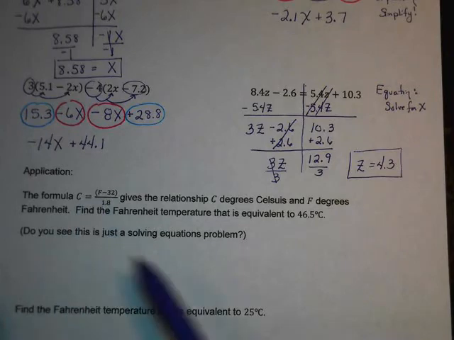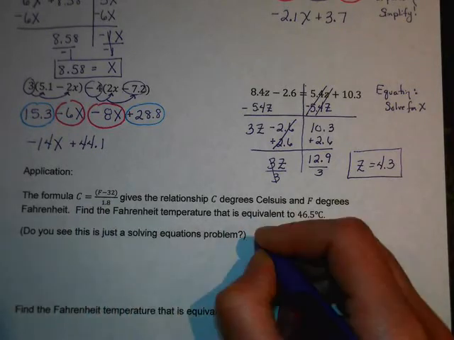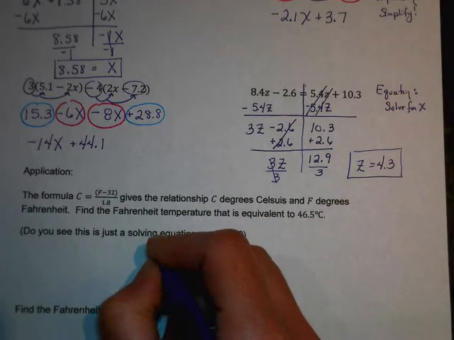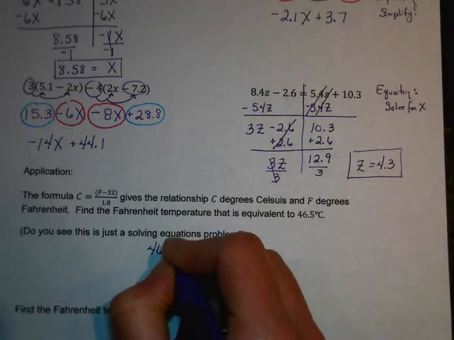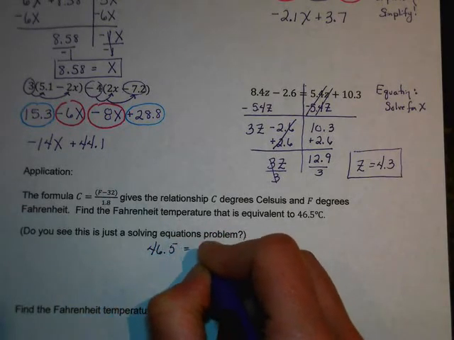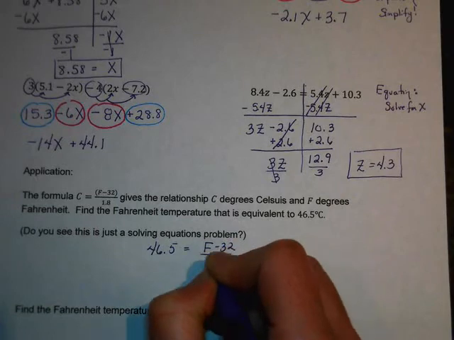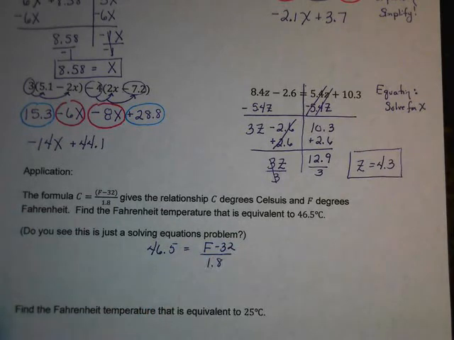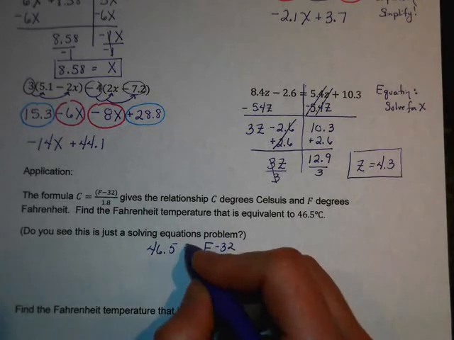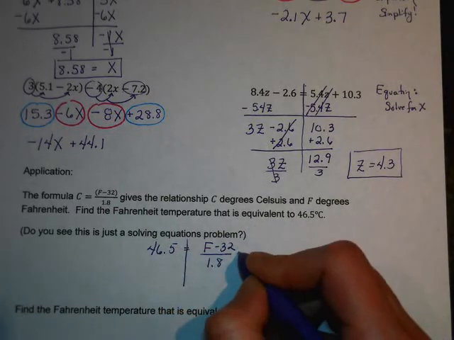So they want us to find F if the Celsius is 46.5. Let's find the Fahrenheit. Well, let's undo division first. This is a little trickier one.